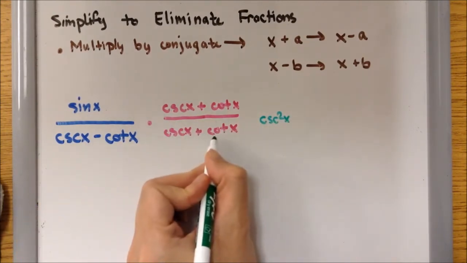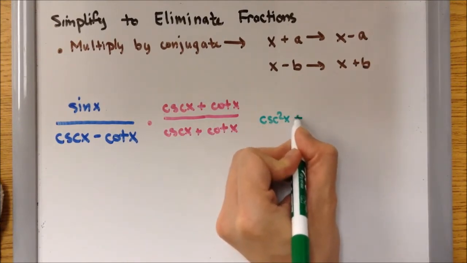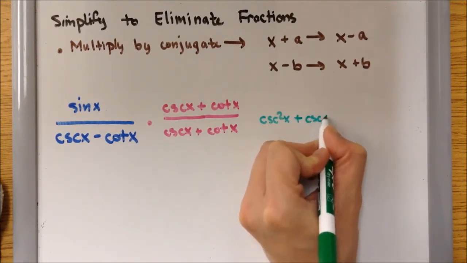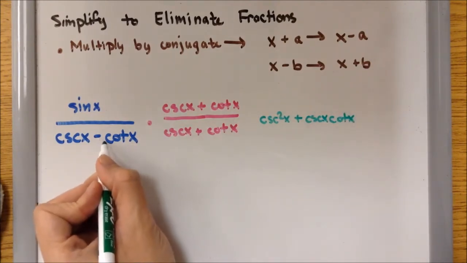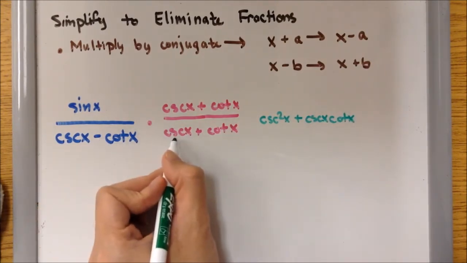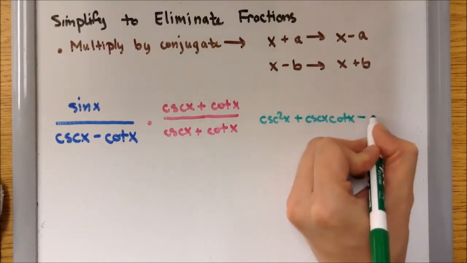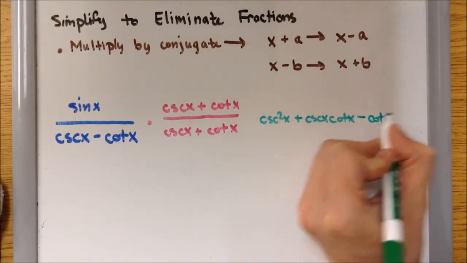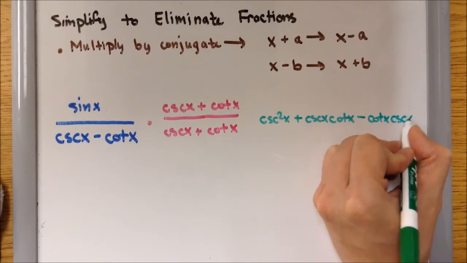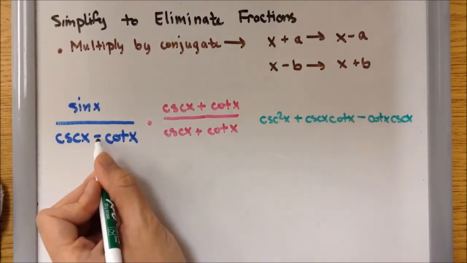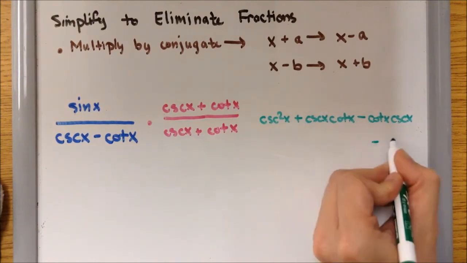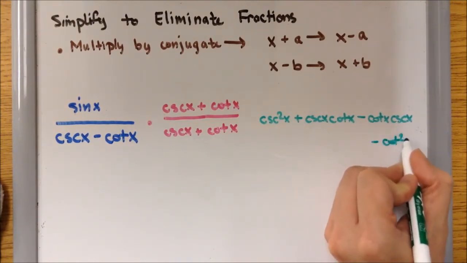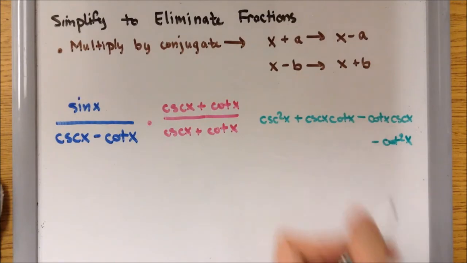Cosecant x times positive cotangent x will be plus cosecant x cotangent x, and then minus cotangent x times cosecant x will be minus cotangent x cosecant x, and then minus cotangent x times positive cotangent x will be minus cotangent squared x.